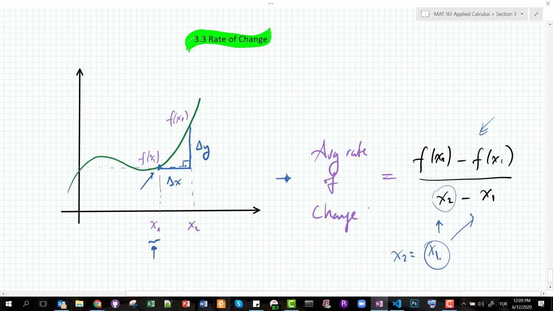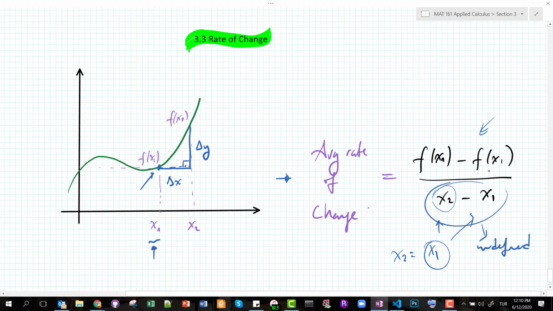But the bottom part would be undefined. So I can't use this formula, because of the nature of this ratio.